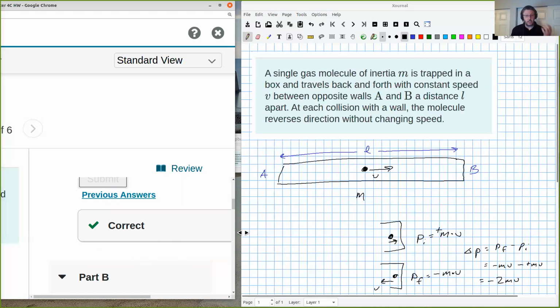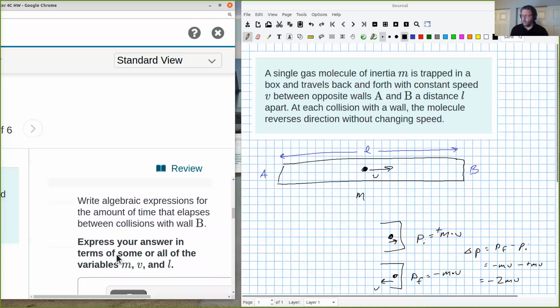So one collision of that molecule with the wall changes the momentum by 2mv of the molecule. But we also know that that's the momentum change of the wall as well, because the wall changes by an equal and opposite amount to what the molecule does. So as the molecule changes by minus 2mv, the wall changes by plus 2mv.